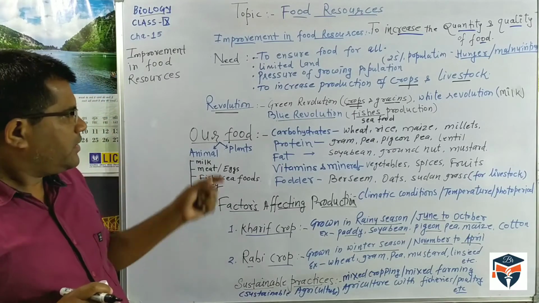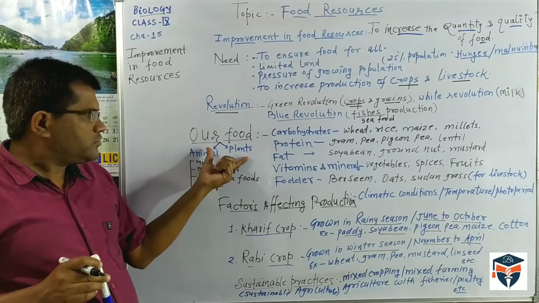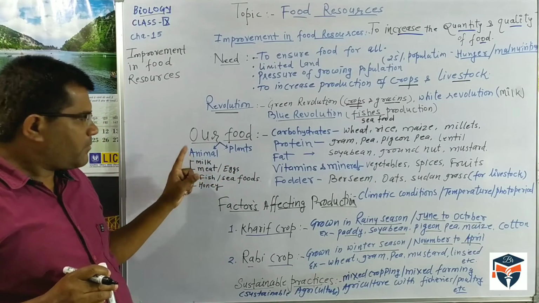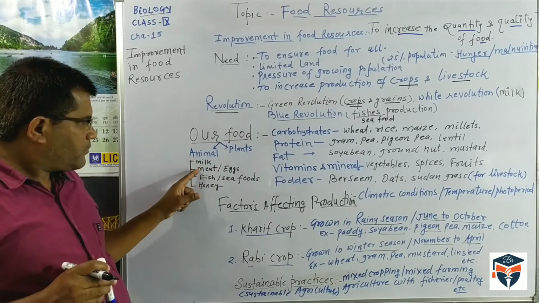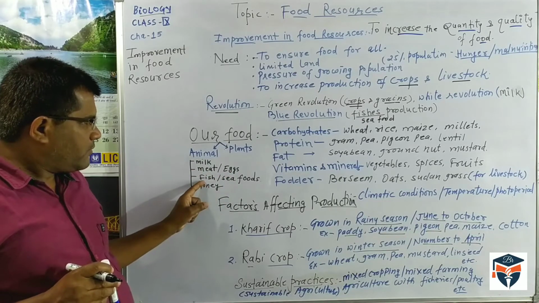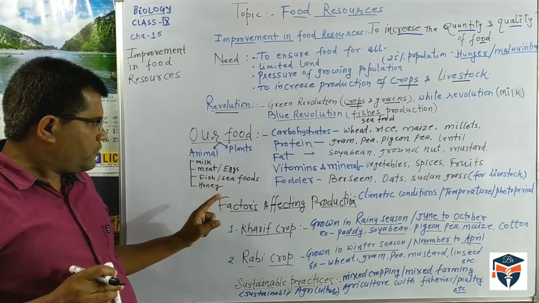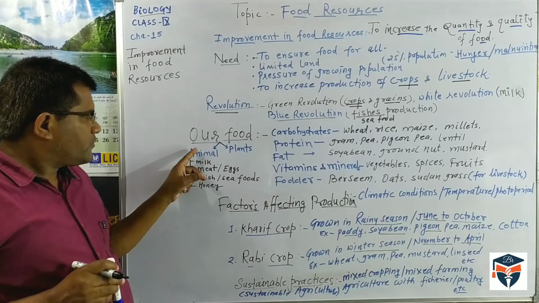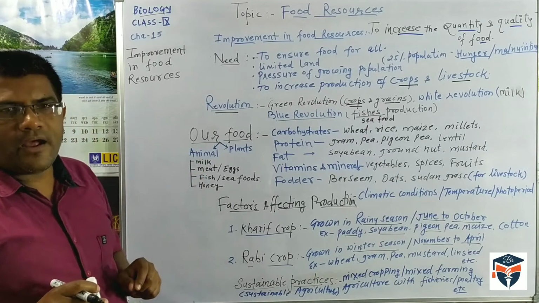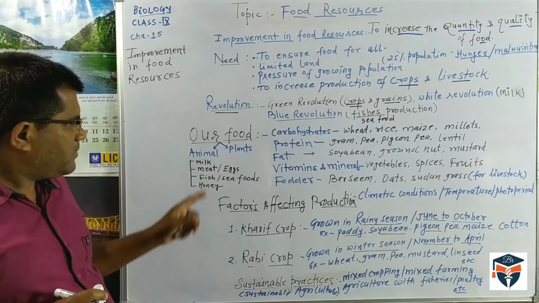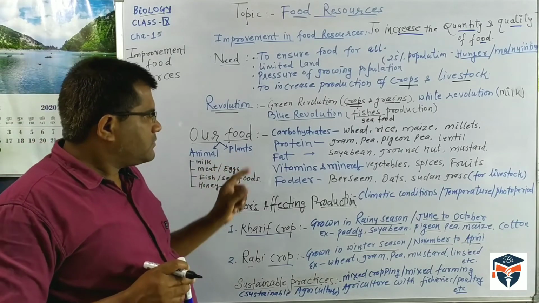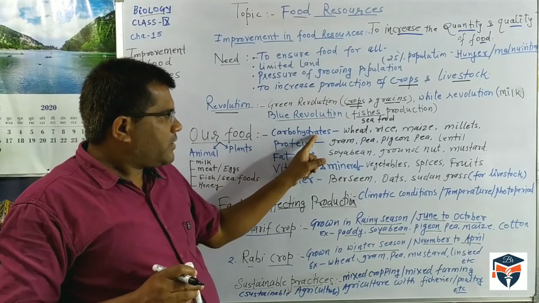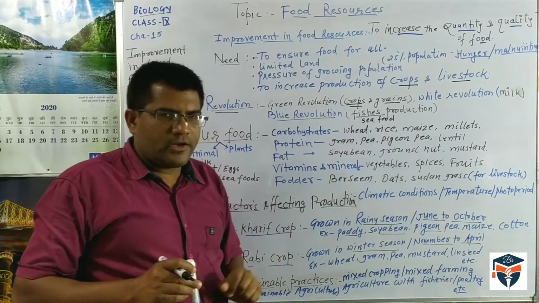Students, we are getting food from two resources. One is animals. From animals we are getting milk, meat, egg, fish, seafood and honey, etc. These are some of the products we are obtaining from animals. Similarly, from plants we are getting carbohydrate from wheat, rice, maize and millets.